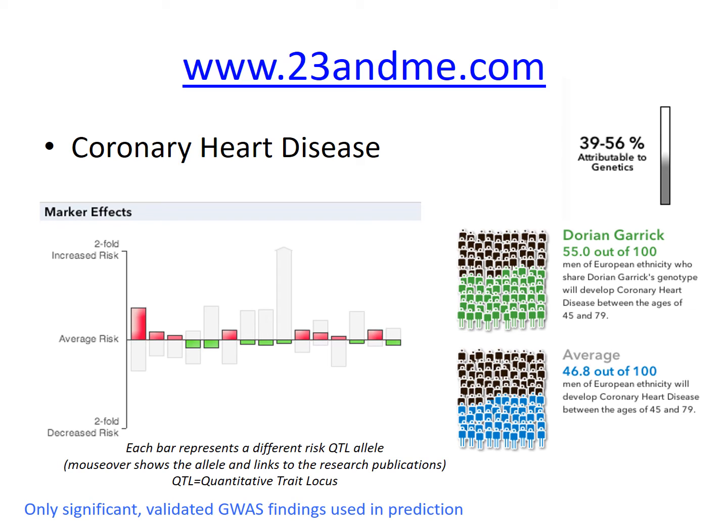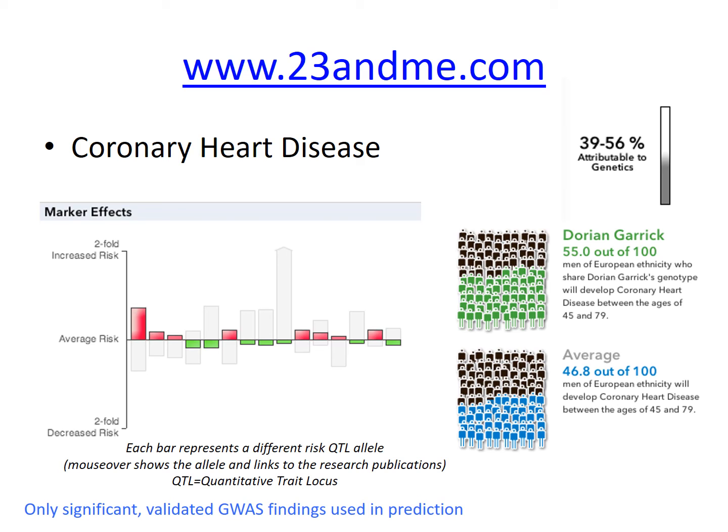And what that means is for an average person in the population between the ages of 45 and 79, about 47%, 47 out of 100, are likely to develop heart disease between 45 and 79. But people with a genotype like me are more likely to get it.